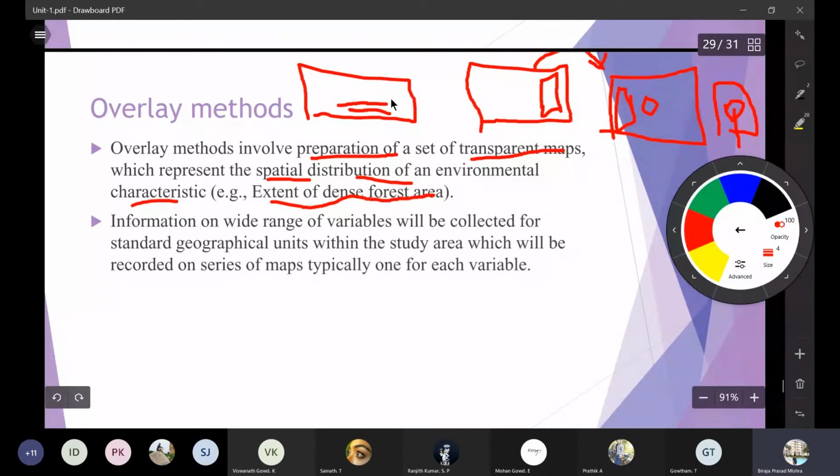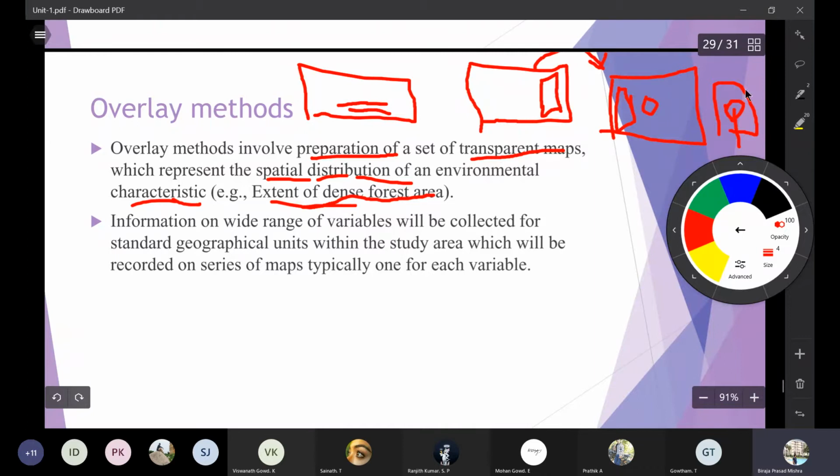Okay, so this basically gives like this, how we are going to make this one is, we will scale the transparent sheet, and based on the topographic and the spatial distribution of the environmental characteristics such as dense forest and all, let's say this is a river.